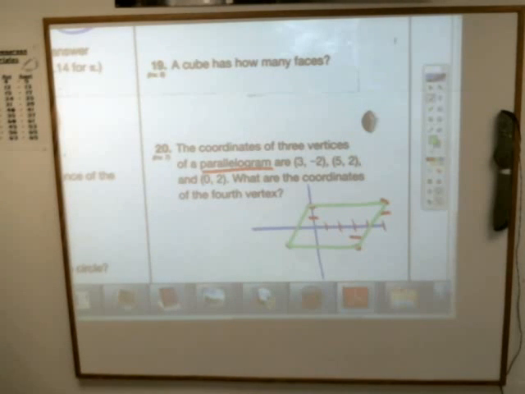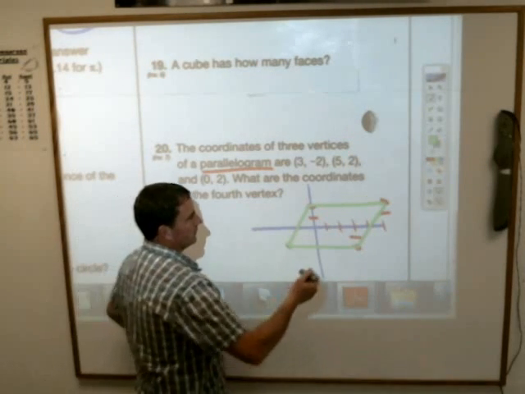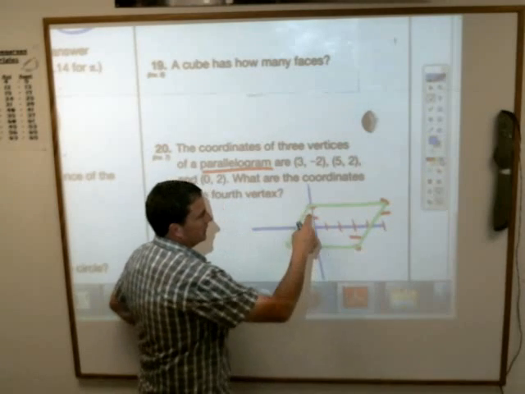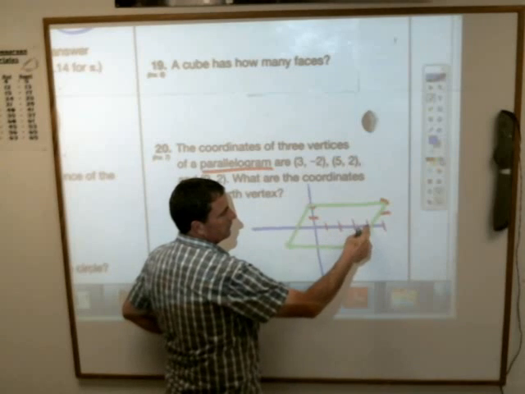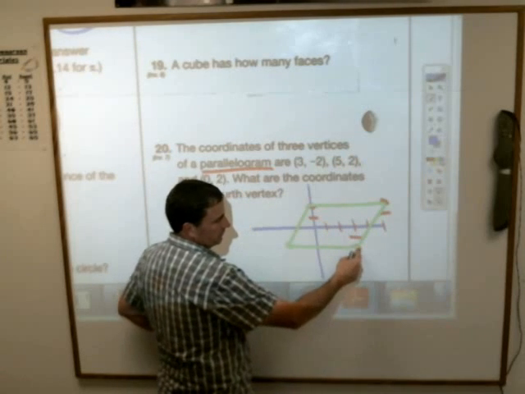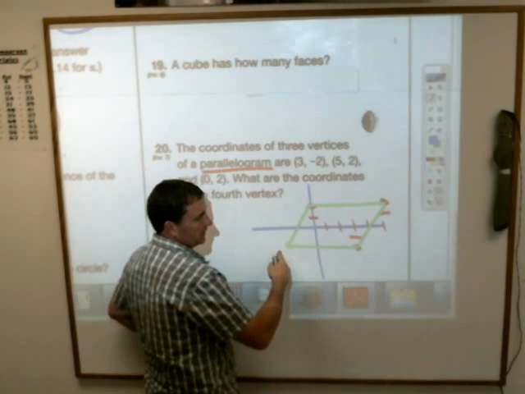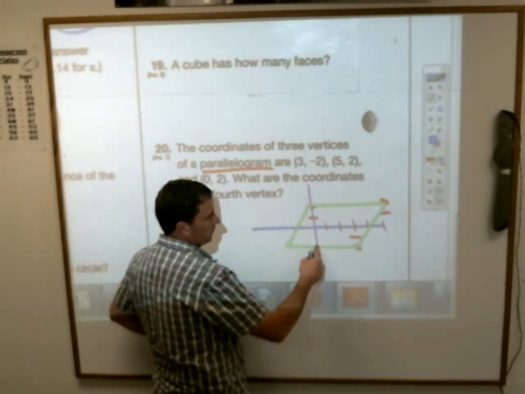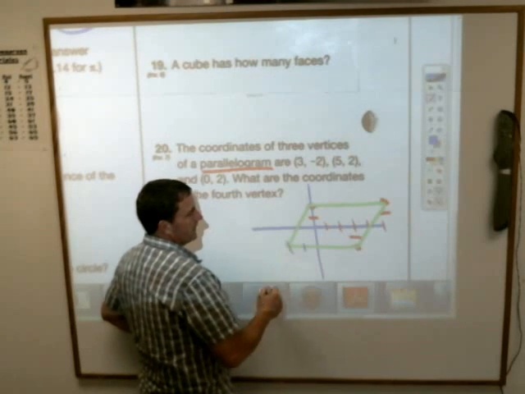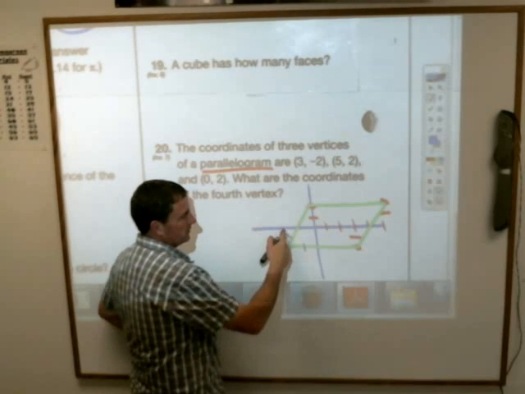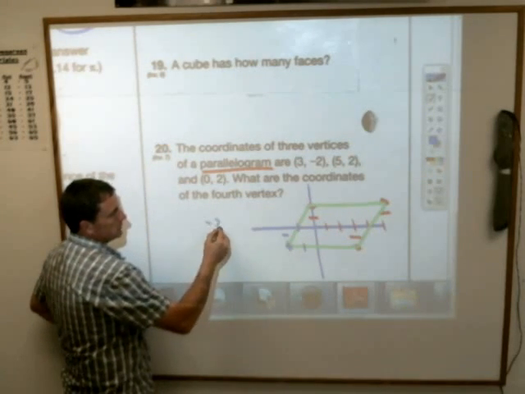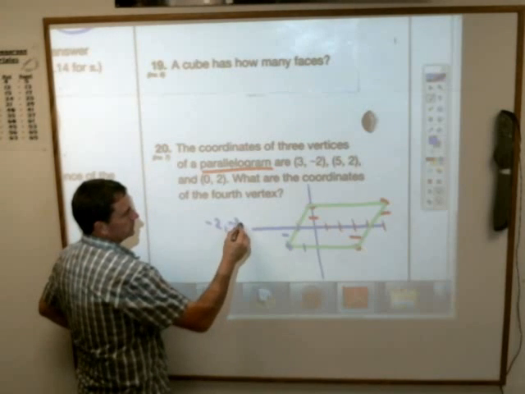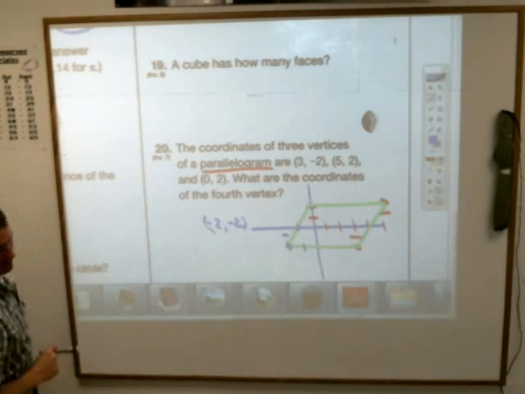Probably the easiest way to figure that out is to count the distance from here to here, which is 1, 2, 3, 4, 5 units, and come from here 5 units back this way. What is this point? Well, this point right here is (-2, -2). That's the most obvious parallelogram there, but it's not the only one.